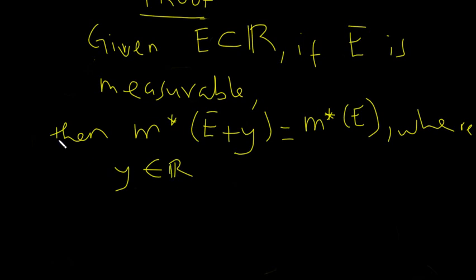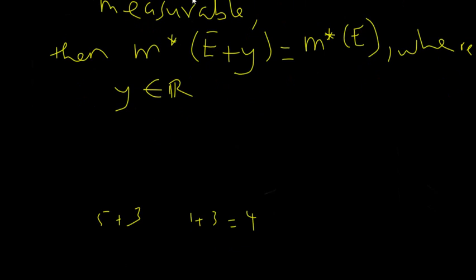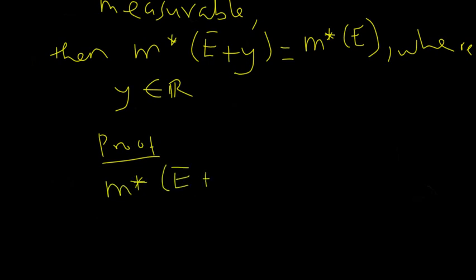So now let's do the proof, which is very simple. The outer measure of E plus Y, we know that outer measure is, what is it, linear.